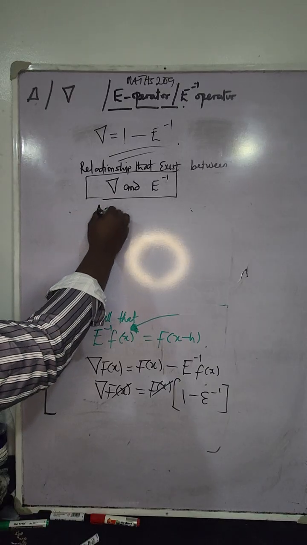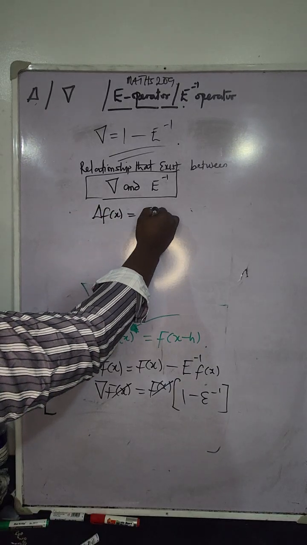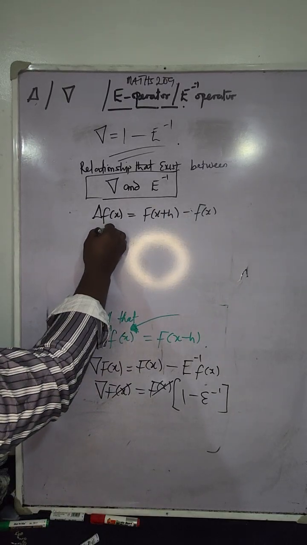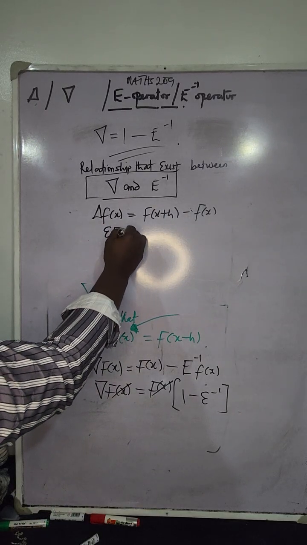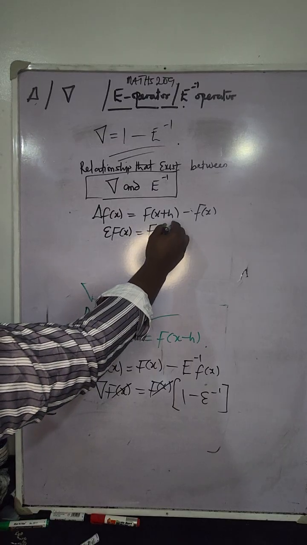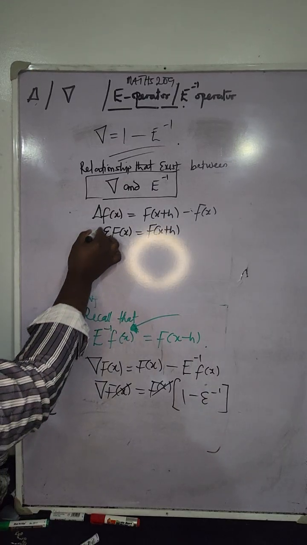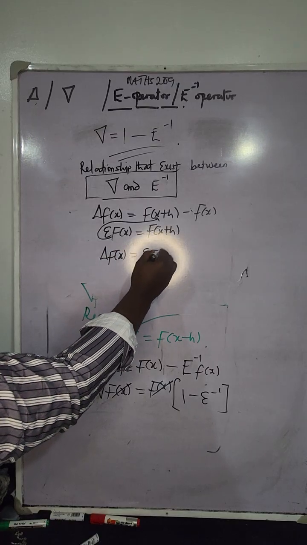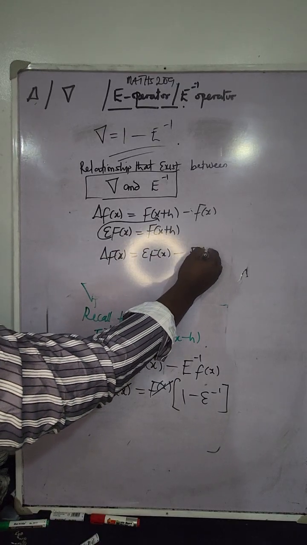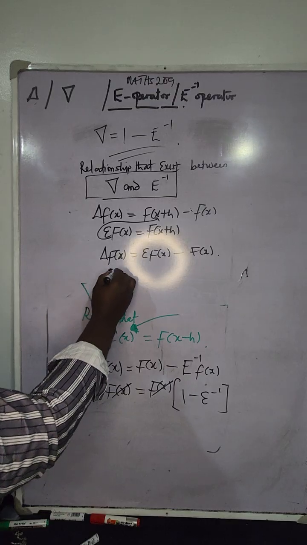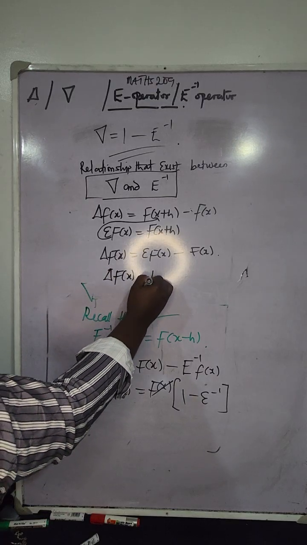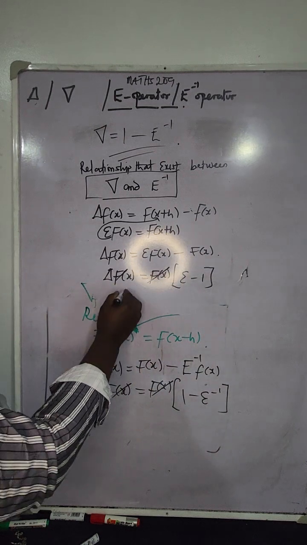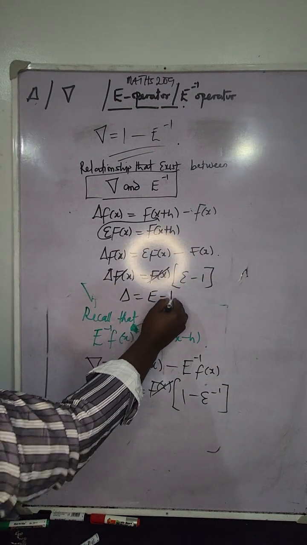We said the forward difference of f of x is equal to f of x plus h minus f of x, right? And we said that E f of x is equal to f of x plus h. So we are just replacing this with this. So the forward difference of f of x is E f of x minus f of x, which is f of x into the bracket of E minus 1. So we cancel out. It means the forward difference is E minus 1.